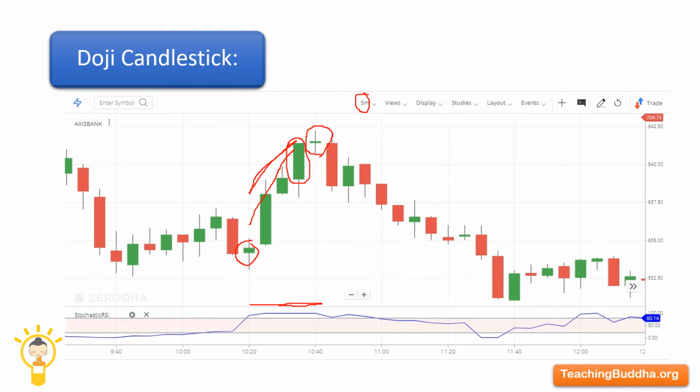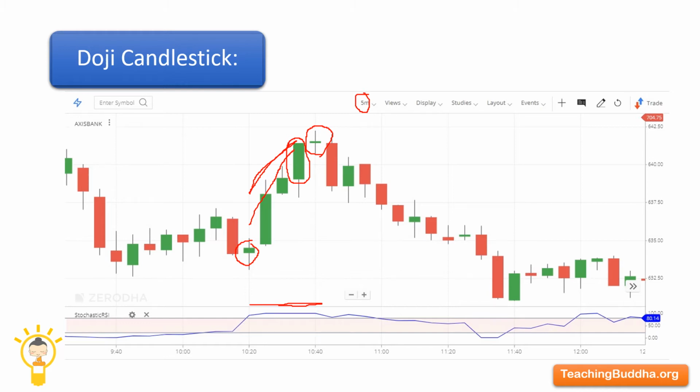If you see a very big bullish candle in the overbought zone during the upper trend, and if you see the next candle is a spinning top or any doji, then you can be very sure that the trend is going to be reversed. Here you can see the trend has reversed.